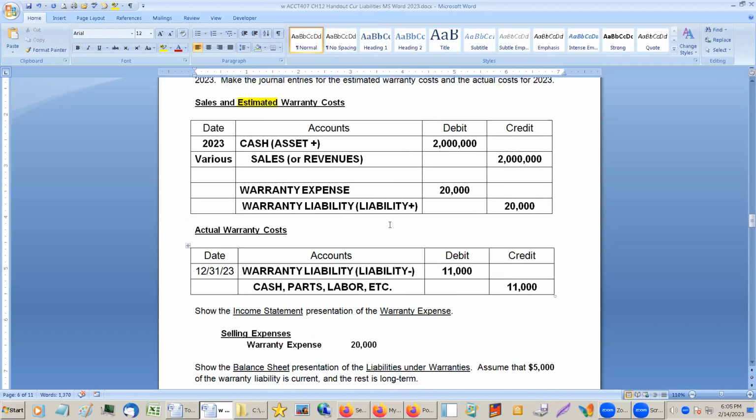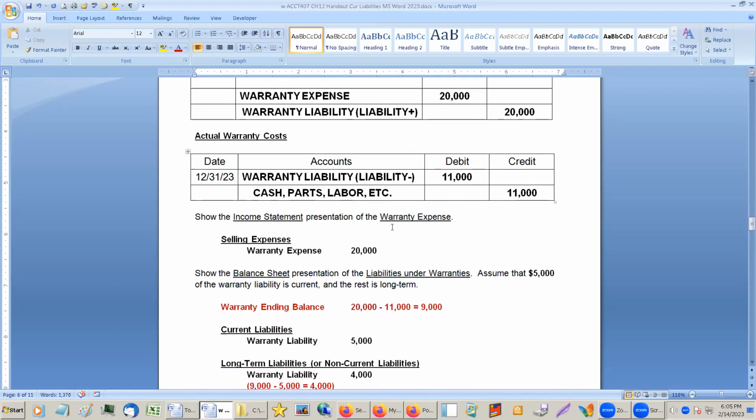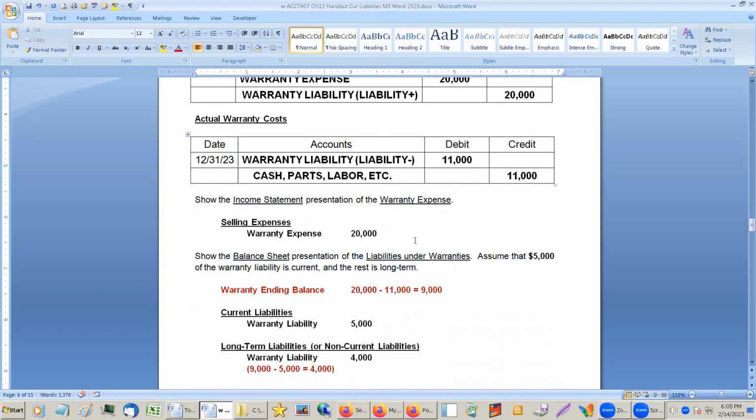Okay, so this is the journal entry for number 6. I can't remember if that was correct or not. Anyway, this is the underselling expense. You have the warranty expense. Why do you give a warranty? To make a sale.